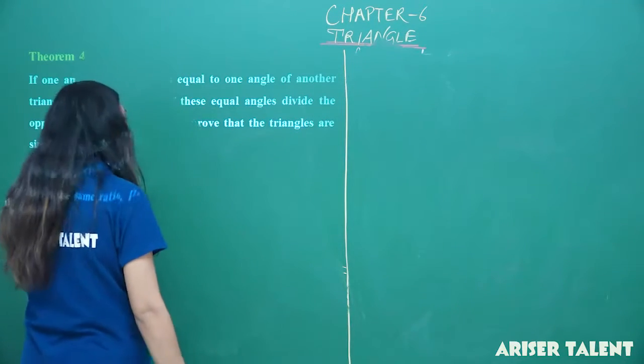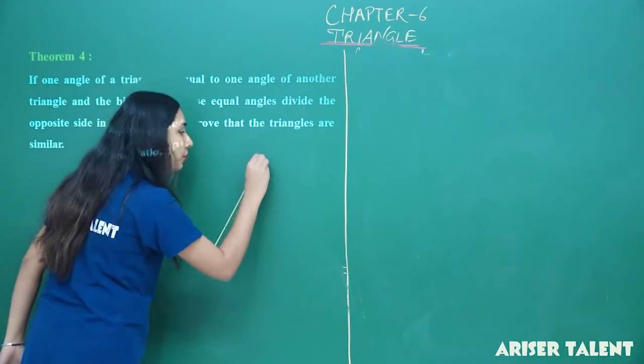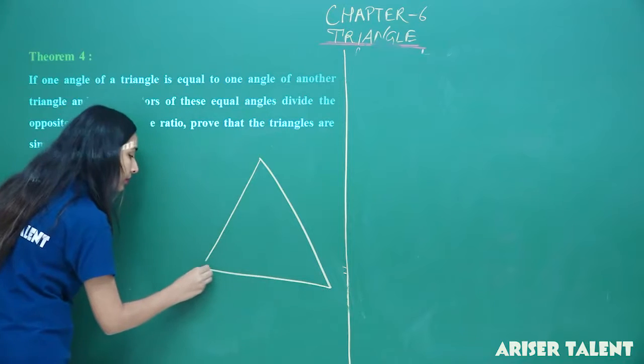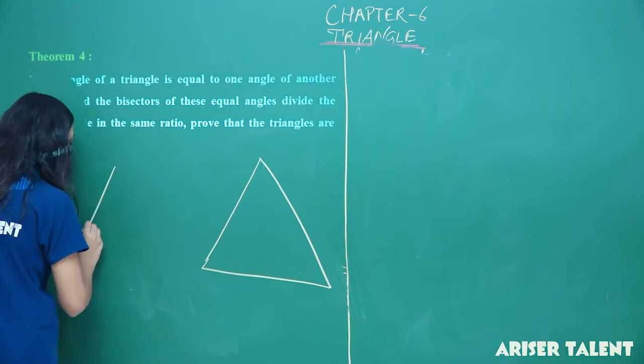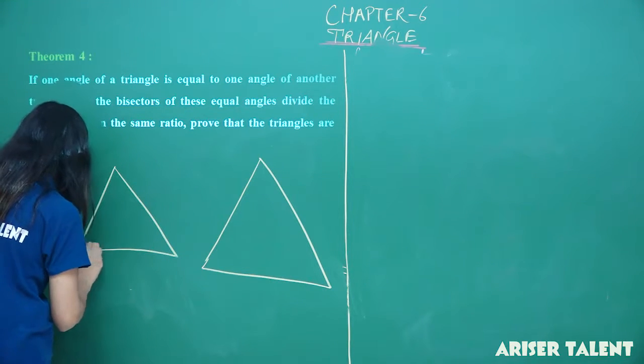Okay. So, as we always do, we always draw triangle. So, we will do the same here, and what we will write?